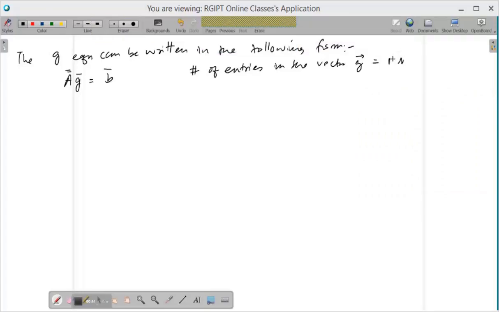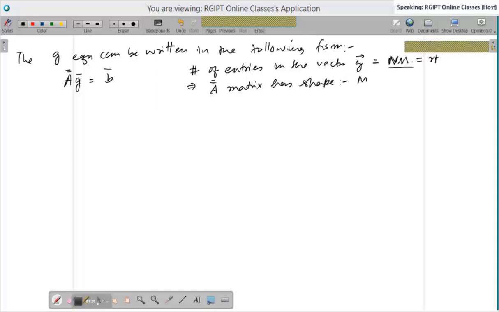So that would be n times n entries in G. And therefore, the A matrix will have what shape? I mean, what are the number of rows and columns? Just n squared by n squared. That would be an n squared by n squared matrix.